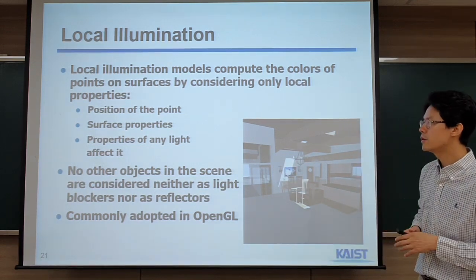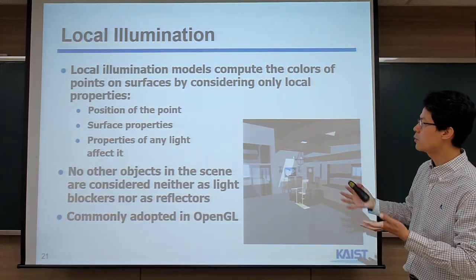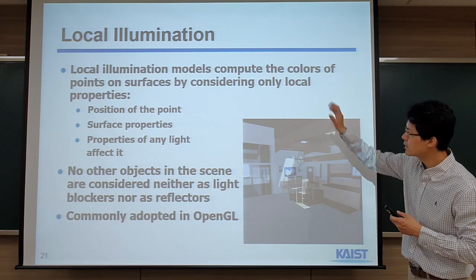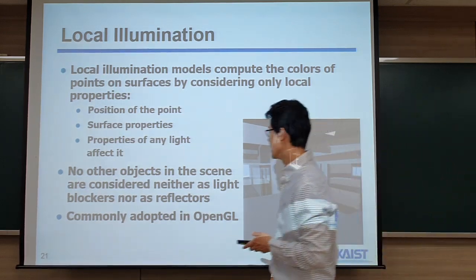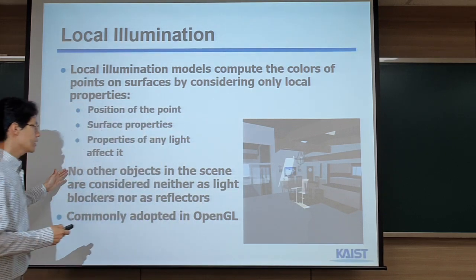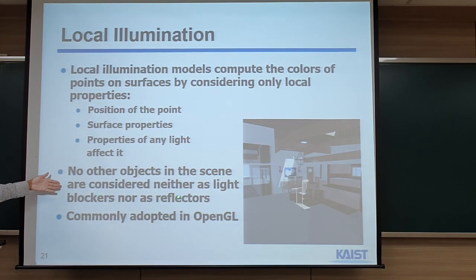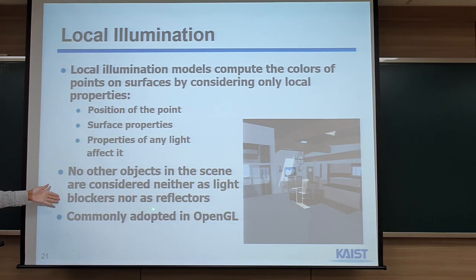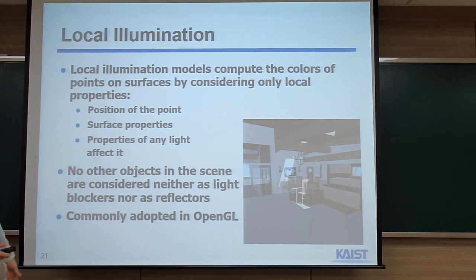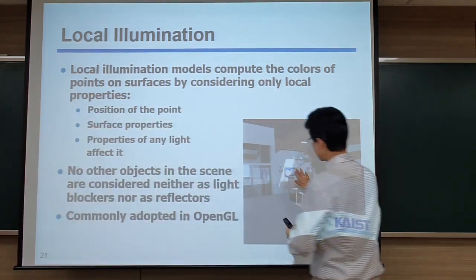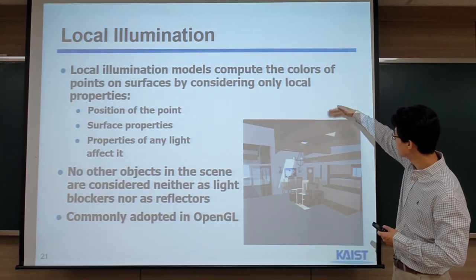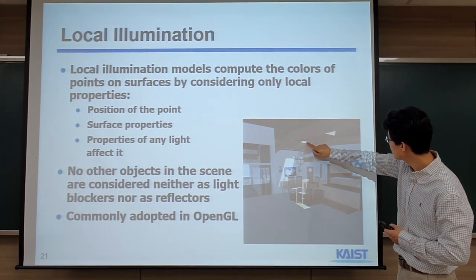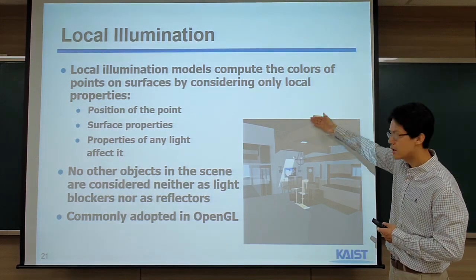If we only consider that, we might get this kind of random result. In other words, no other object in the scene is considered, neither as a light blocker nor as a reflector. Suppose there is some light above this roof, and there is a small window, and we get energy coming from there.